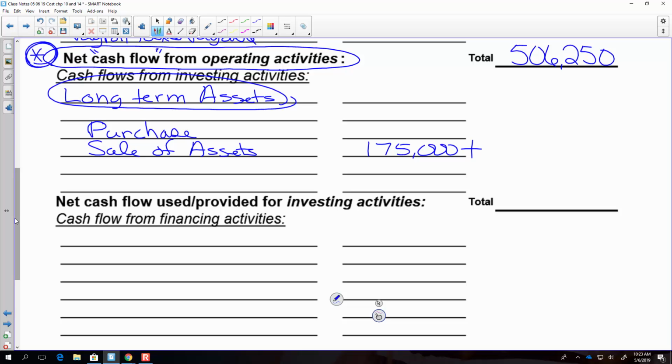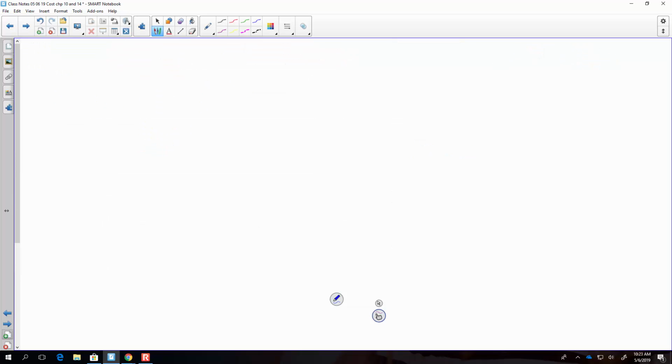I got that money, the 175, not the 225. That was the original cost. So I'm going to make a note here. Last year I had $1 million. On my sale, what did I take out? You took off the 225. That's where the 225 goes.